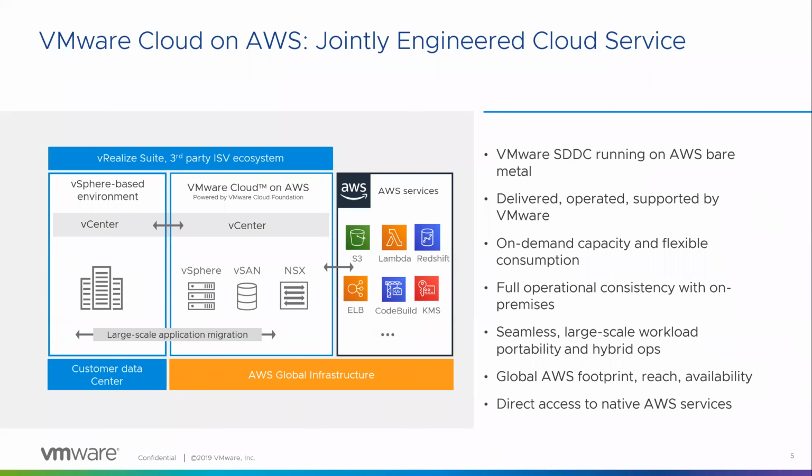For example, imagine how long it takes to get a new server. You call up your friends at Dell, you order a server, think of how long it takes to deliver, and then you grab a screwdriver and put it into a rack. With VMware Cloud on AWS, if you need a new server, you can spin one up in 12 minutes. I've heard it's less than that, but 12 minutes is a conservative number.